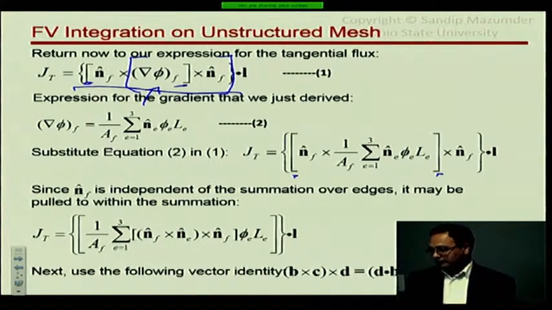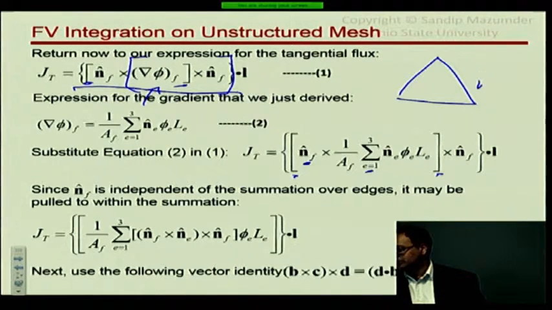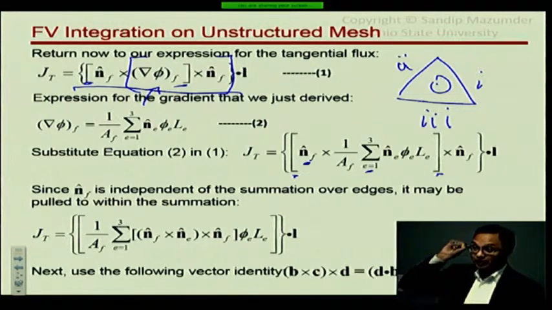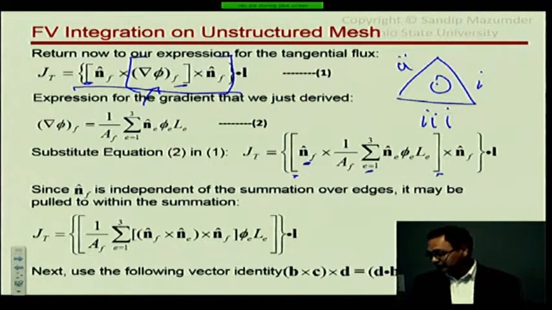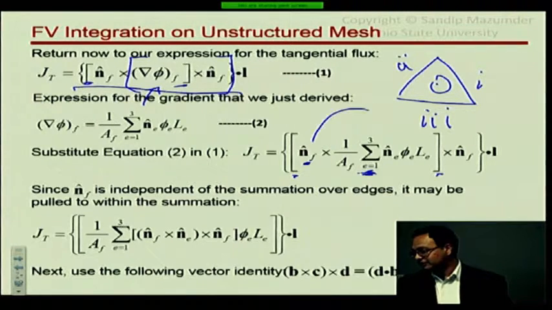Now this guy here, NF, is independent of the summation. This is a summation over the edges. Remember, our edges were these guys, 1, 2, and 3. NF was this surface normal coming out of that triangle. It has nothing to do with this summation. So I can arbitrarily insert this into that summation.